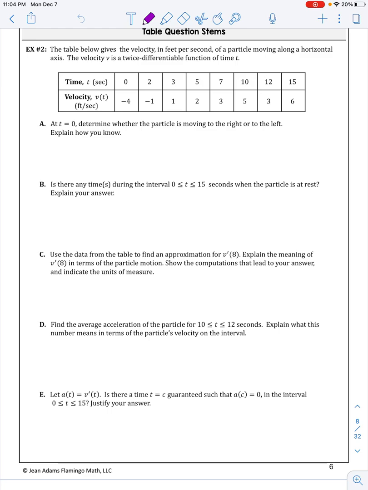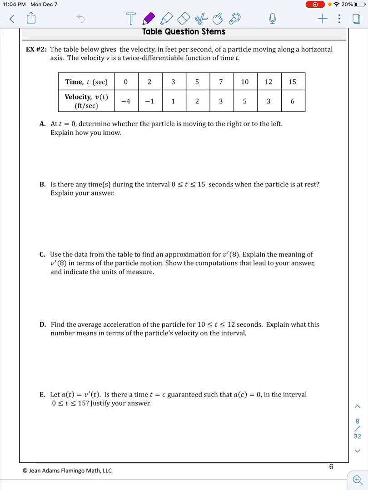So example number 2, the table below gives the velocity in feet per second of a particle moving along a horizontal axis. The velocity v is a twice differentiable function of time. At t equals 0, determine whether the particle is moving to the right or to the left and explain how you know.